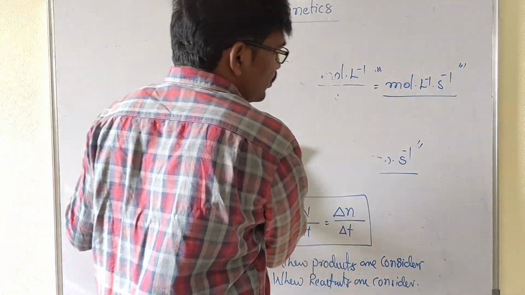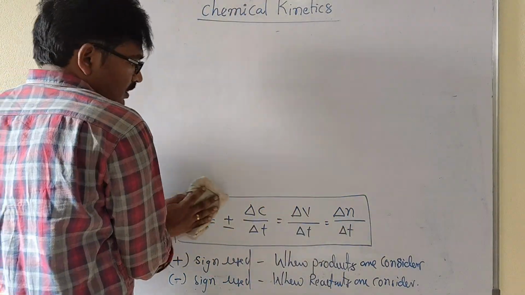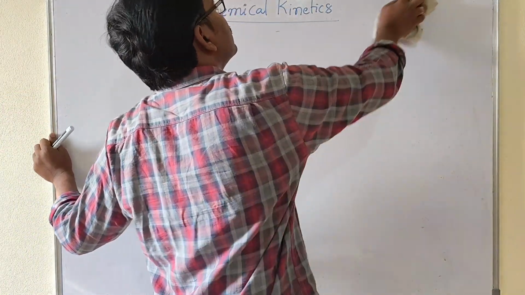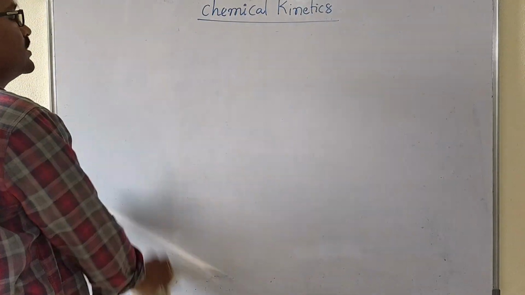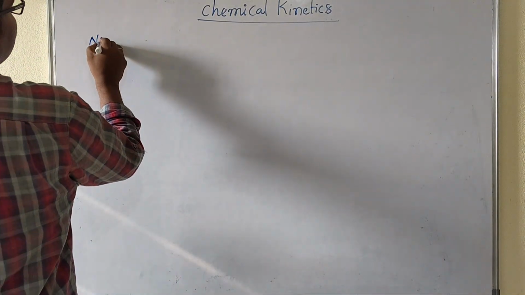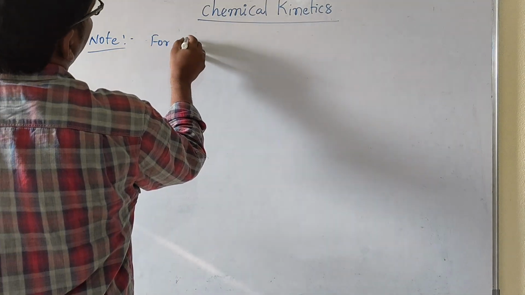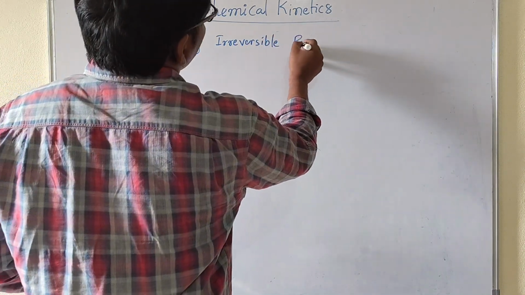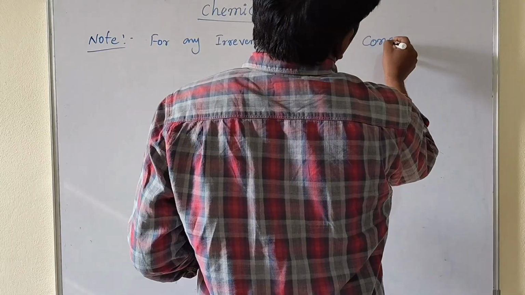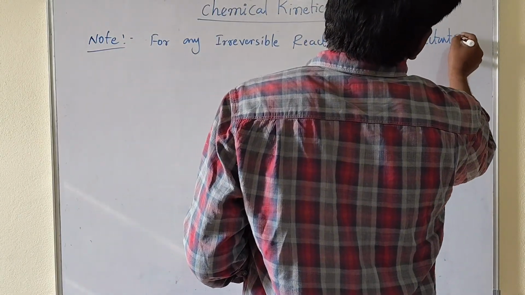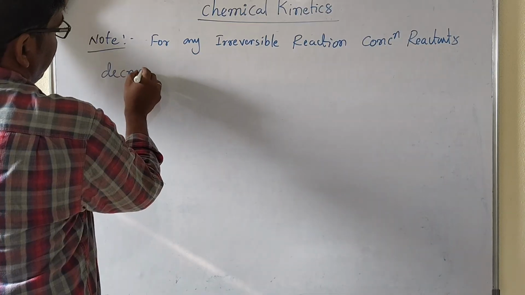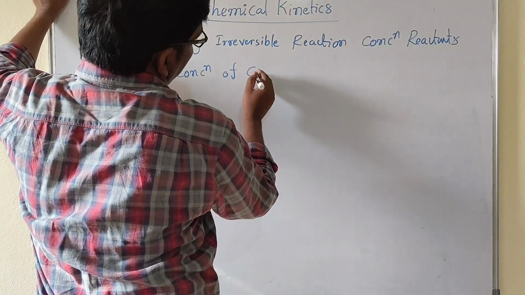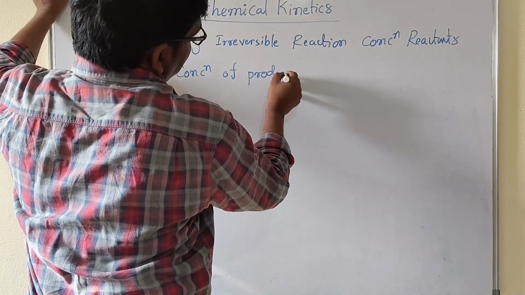Next, one of the most important points you have to remember: for any reversible reaction, the concentration of reactants decreases, and at the same time the concentration of products increases.